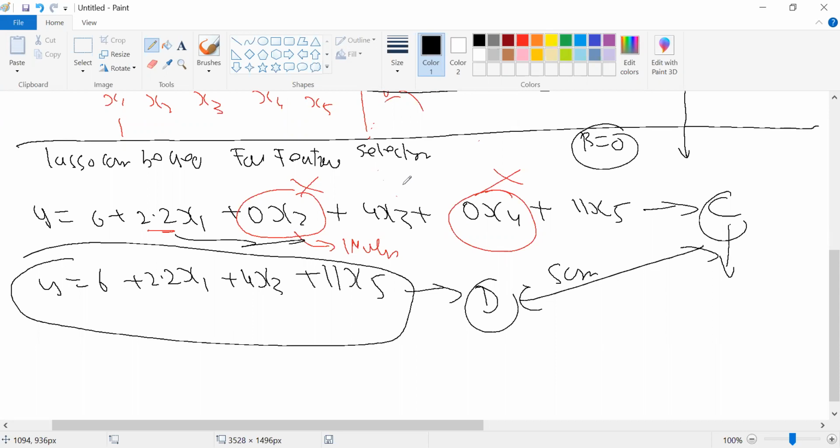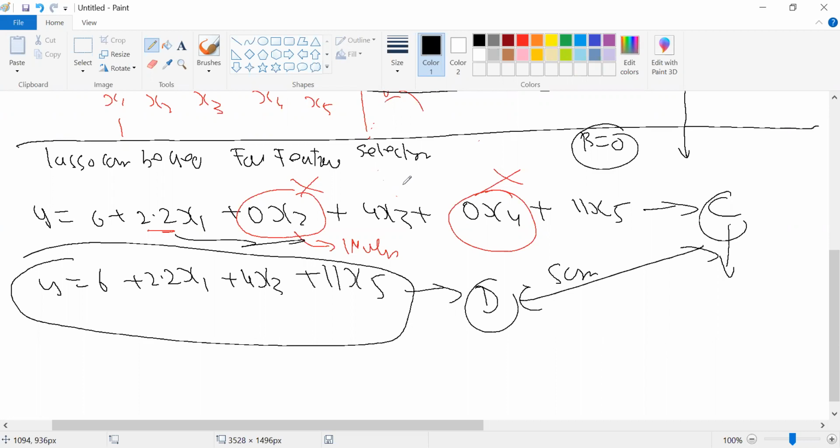In Lasso, few of the beta values may exactly become 0.